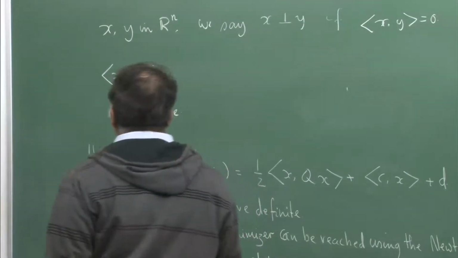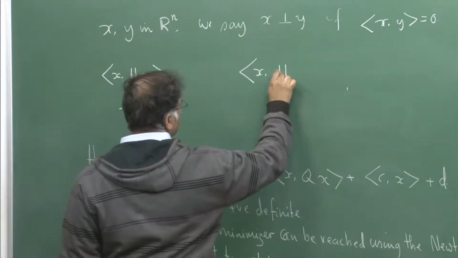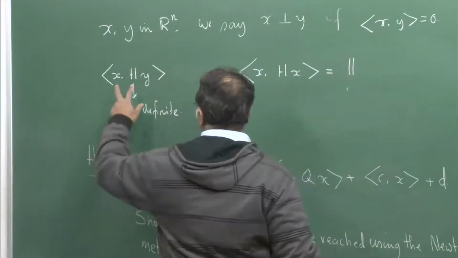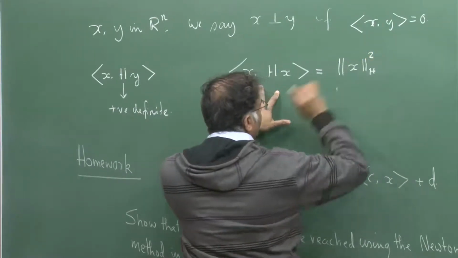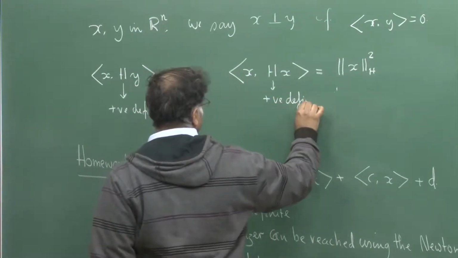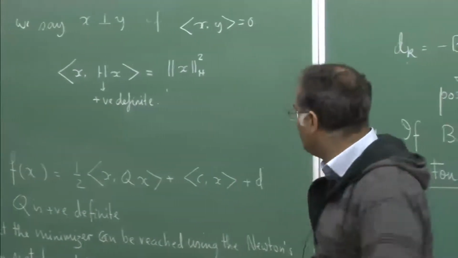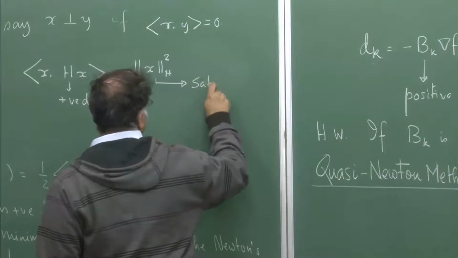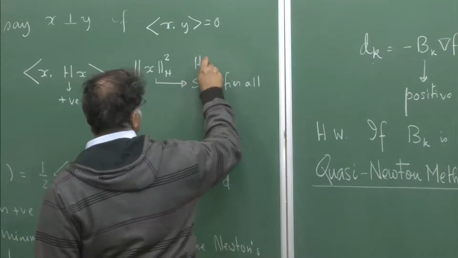This is what is called the norm square with respect to the positive definite matrix H. It is again positive definite. So, it is sometimes called the elliptic norm. Now, it is your homework to prove that this satisfies all the properties of a norm. So, consider this as your second homework today.